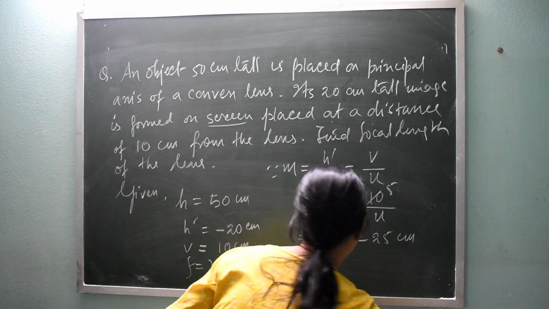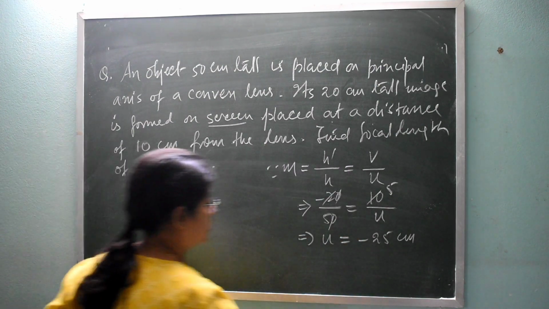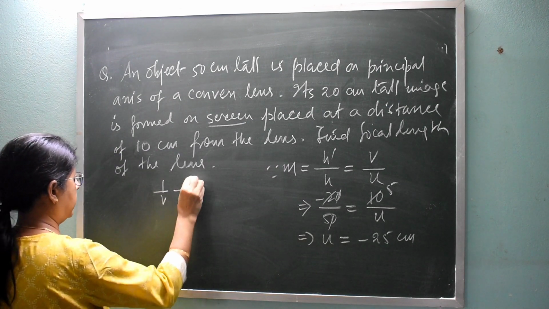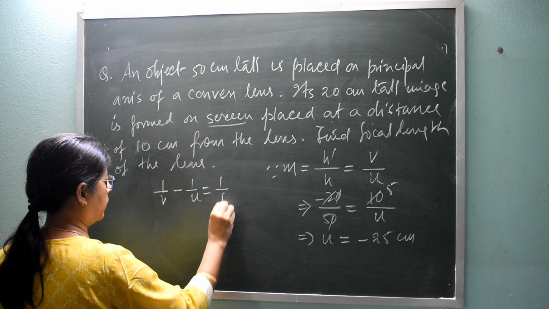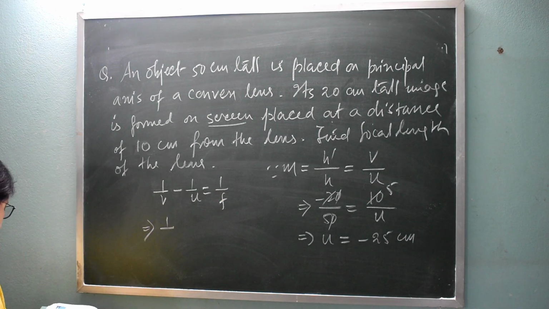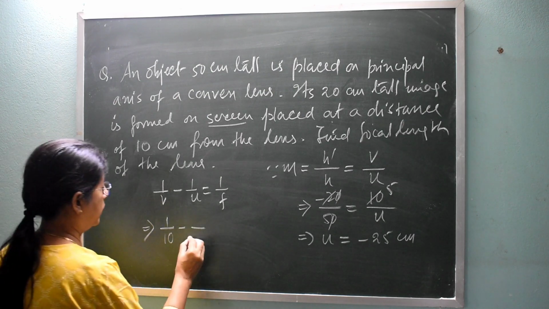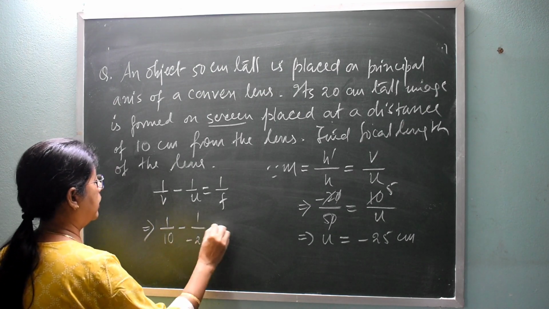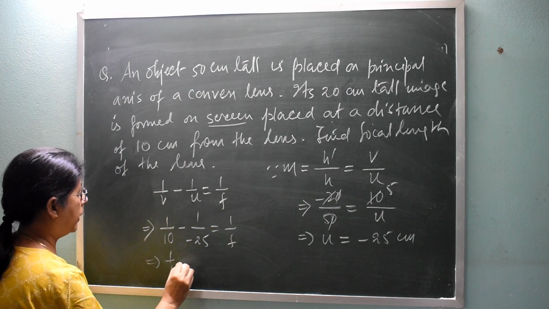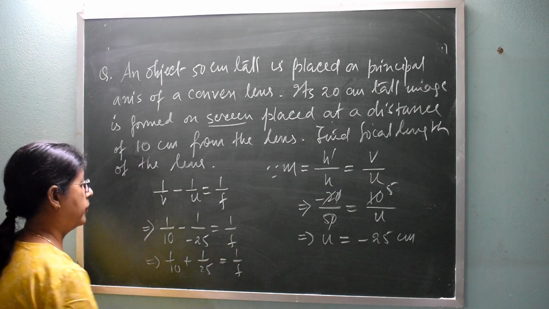Alright. Next we are going to find the focal length. We use the lens formula 1 by v minus 1 by u equal to 1 by f. The v value is 10, and u is minus 25, so 1 by 10 plus 1 by 25 equal to 1 by f.